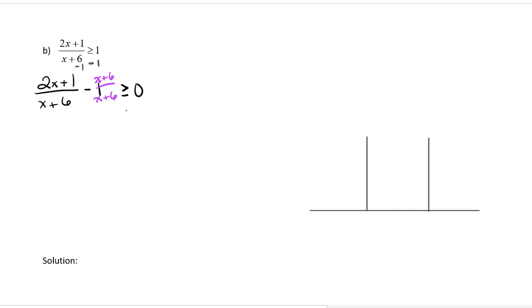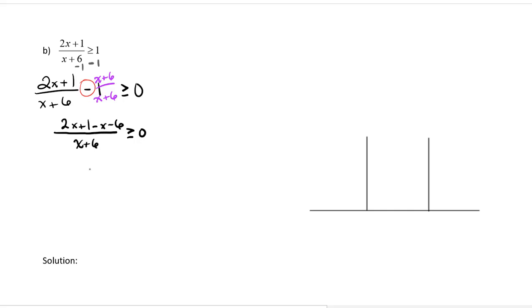And then combine the numerator over one matching denominator. So we have 2x plus 1 minus x minus 6, distributing that negative through, don't forget that part. And then it's all over x plus 6.